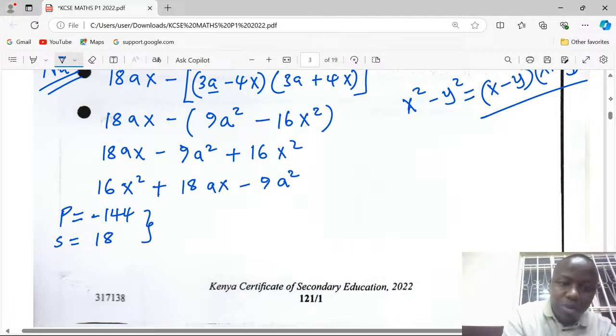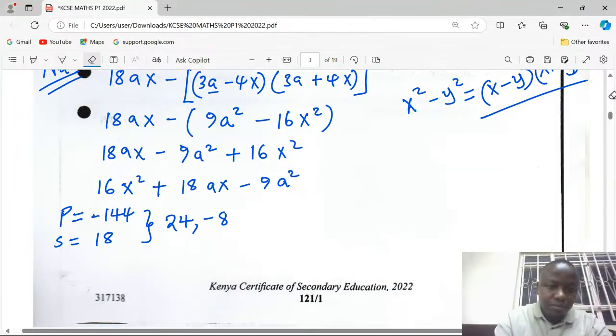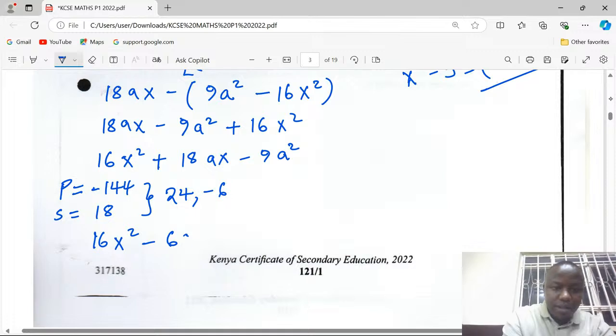So we can work with 24 and negative 6. 24 by negative 6. So we can say that now 16x squared minus 6ax plus 24ax.